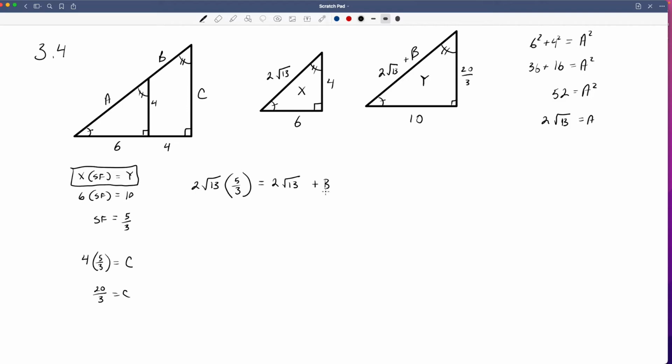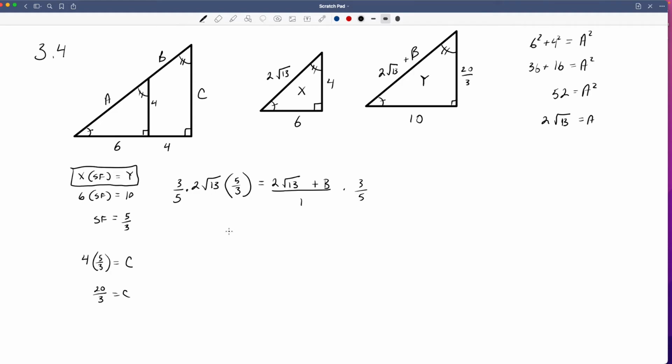So I am going to multiply by the inverse operation here. So 3 over 5 times this is going to cancel that out, and I'm going to say all of this over 1 times 3 over 5.